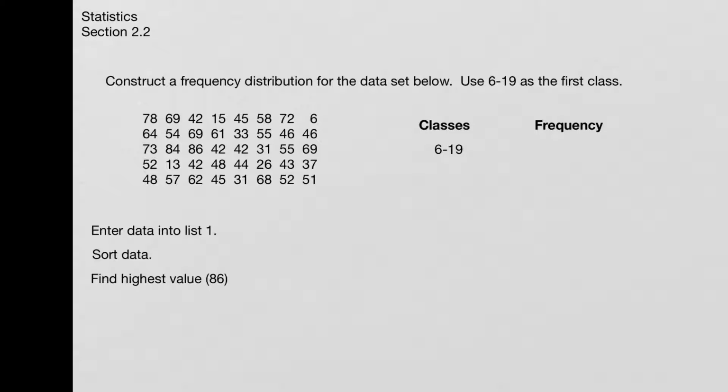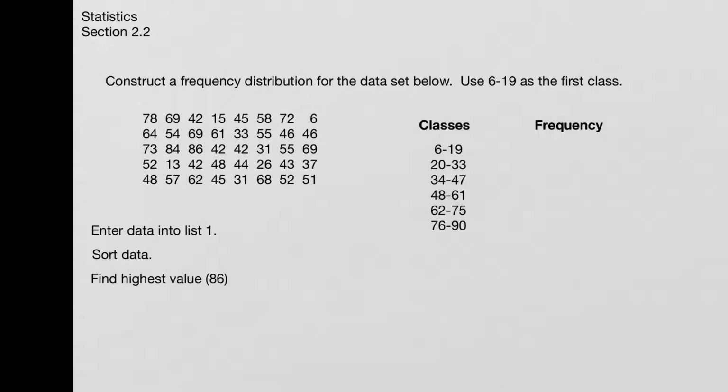And let's see, we've got 48 to 61, and then 62 to 75. And we can still keep going, so it's 76 to 90. Now we've got 86, which is our highest value in that class, and so I'm done with that.